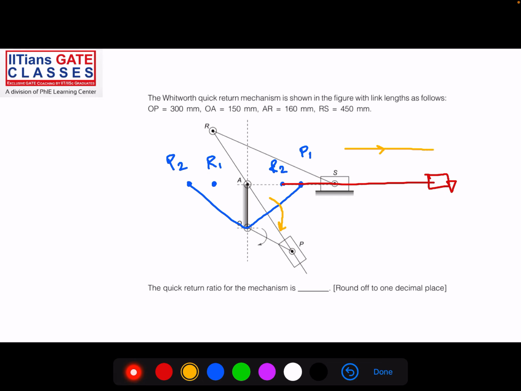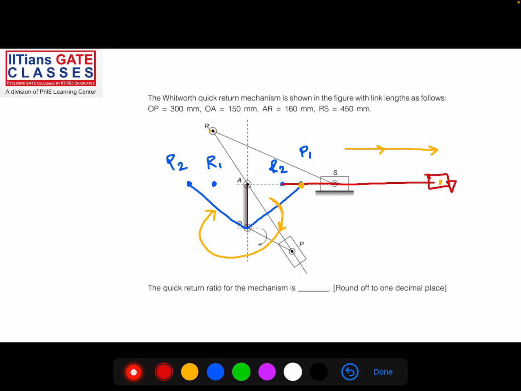The ram has completed its cutting stroke, which means the ram is at its rightmost position, the right extreme. So when the crank moves from OP1 to OP2, the point R will move from R1 to R2, and the ram will complete its cutting stroke.